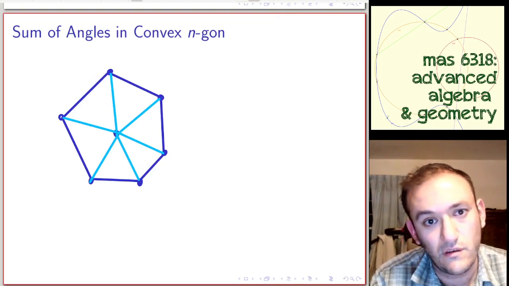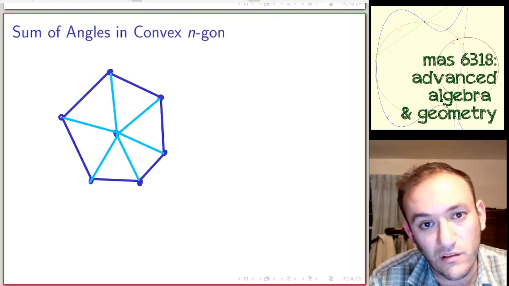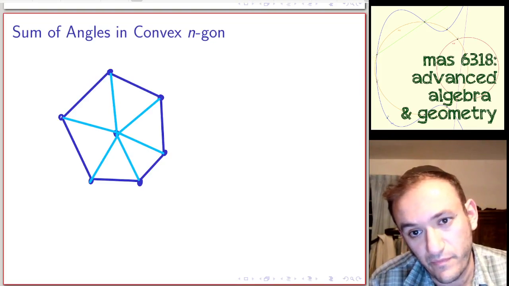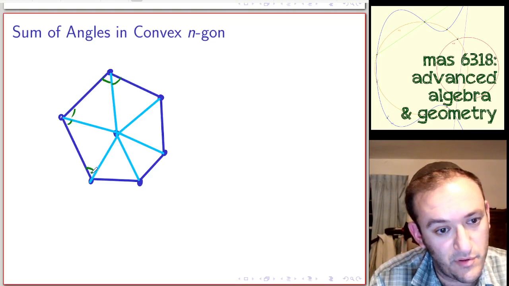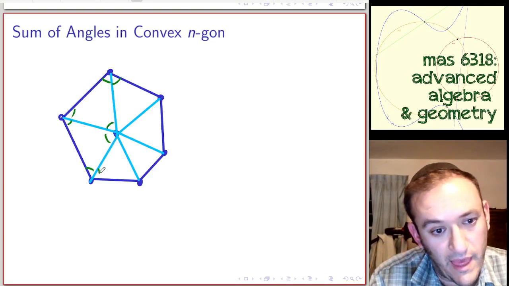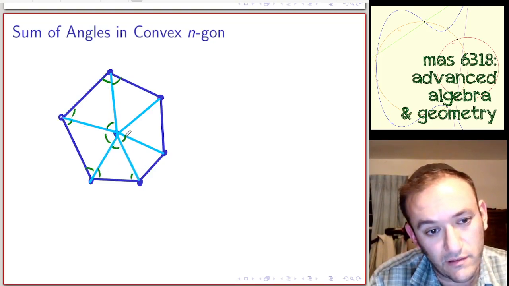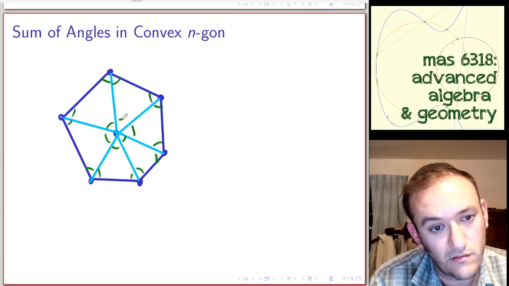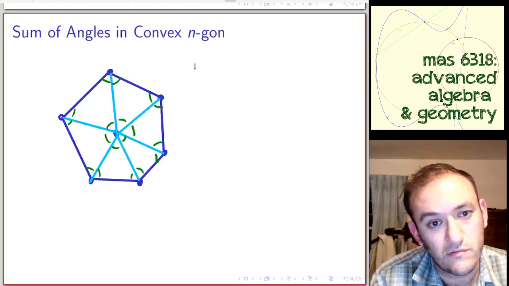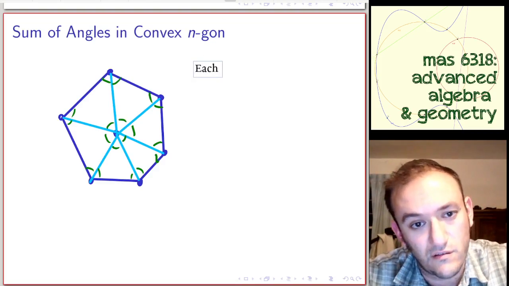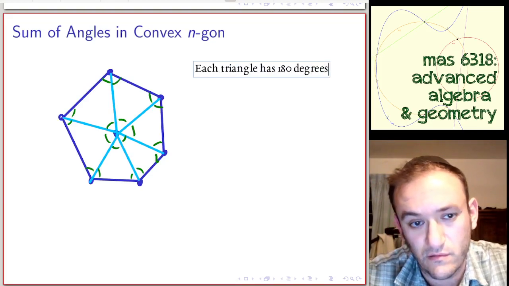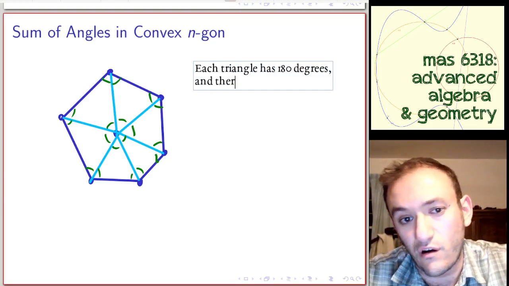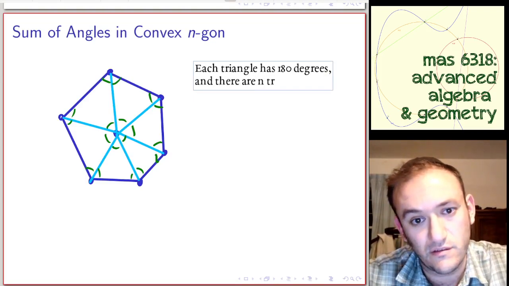And so if I wanted to add up all of the angles in this picture, let's start adding things up. I would notice that each triangle has 180 degrees, and there are n triangles.